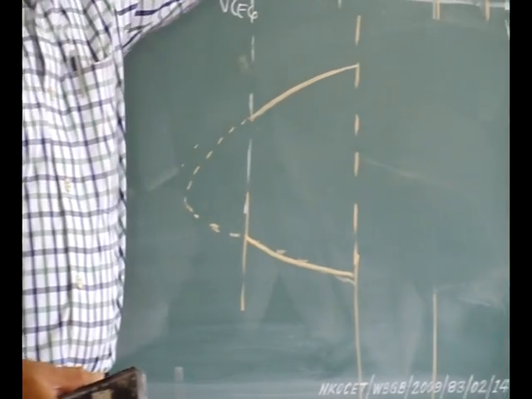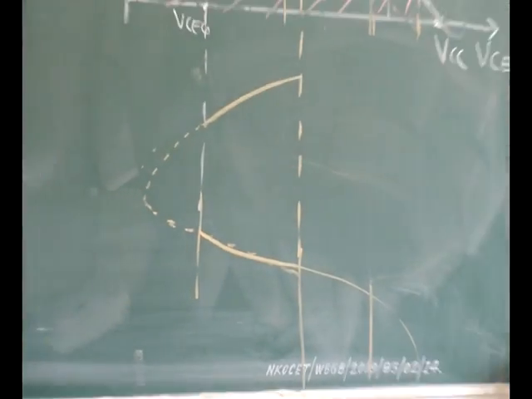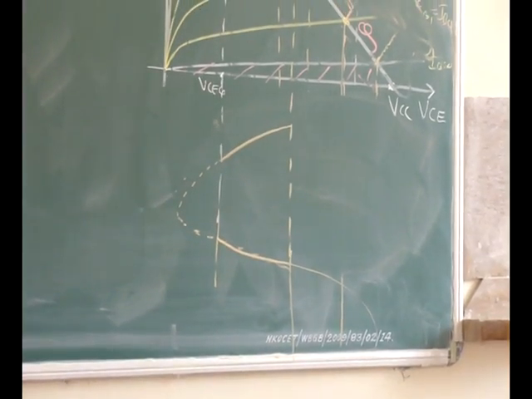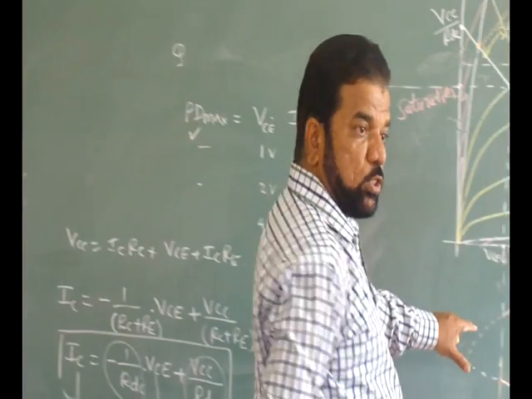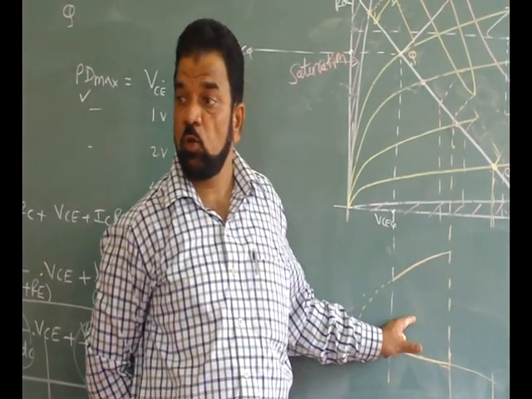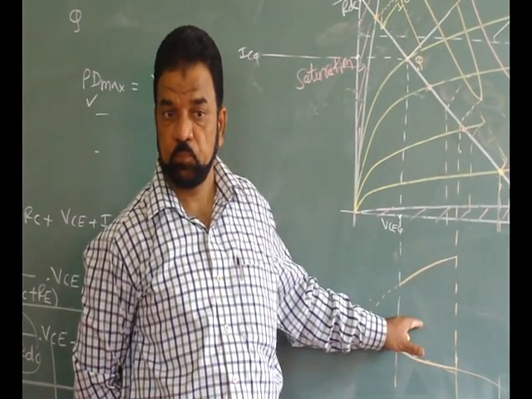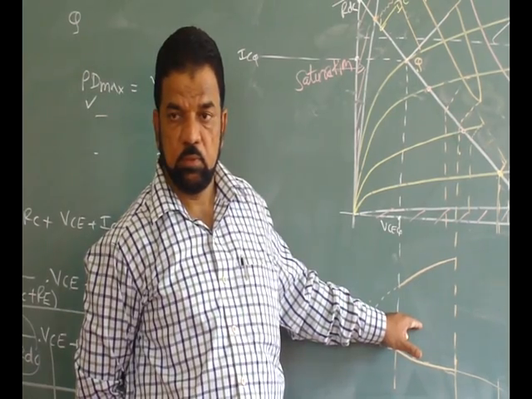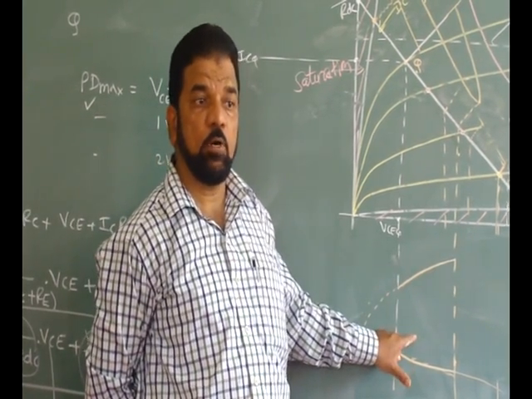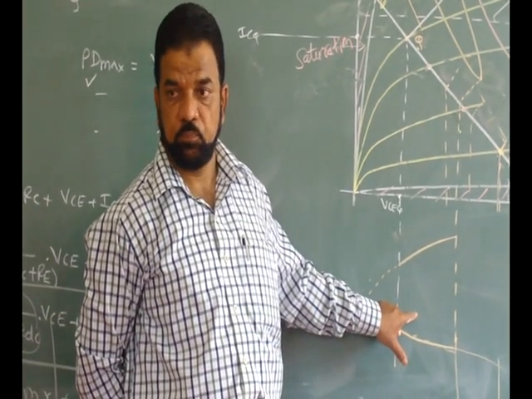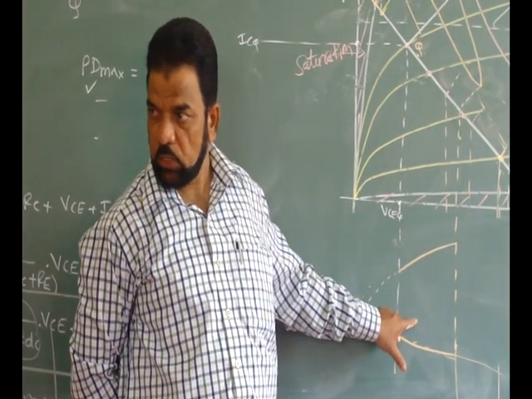Entire swing is in active, so that's why I will get the output like this one. So many times, while performing the practical on CRO, you are observing such waveforms, the waveforms which are clipped. Okay. So the only cause is improper design of the device. Are you getting this one?